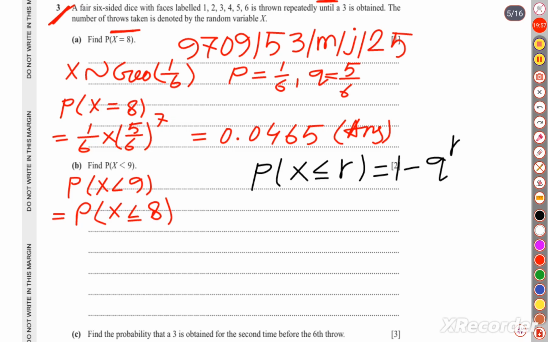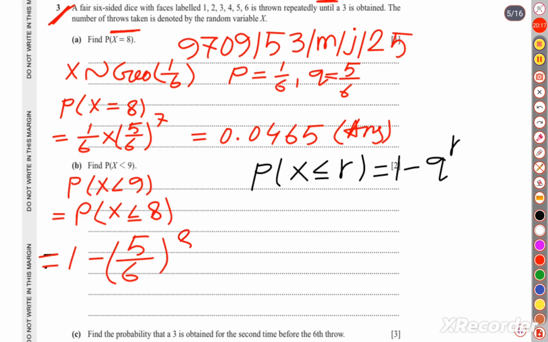1 minus, so our q is 5 over 6. 5 over 6 how many times? 8 times.